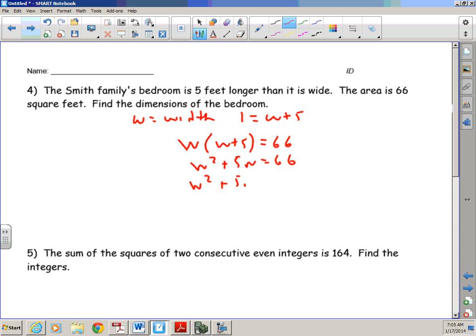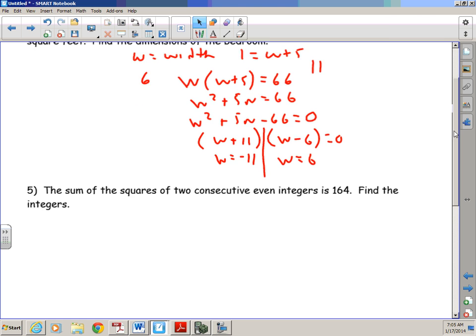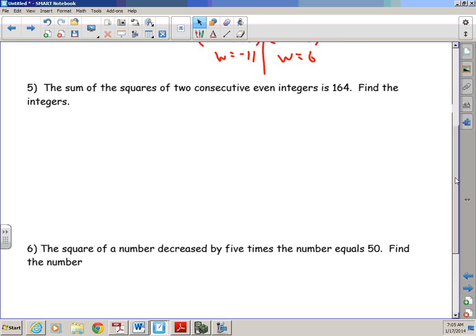Not always possible, so that if you have more than one variable, then you have to use a system to solve it. Okay, please solve all the way through. We disregard the negative 11 so that we get 6 and positive 11 as the width and length of our bedroom, or the Smith bedroom.